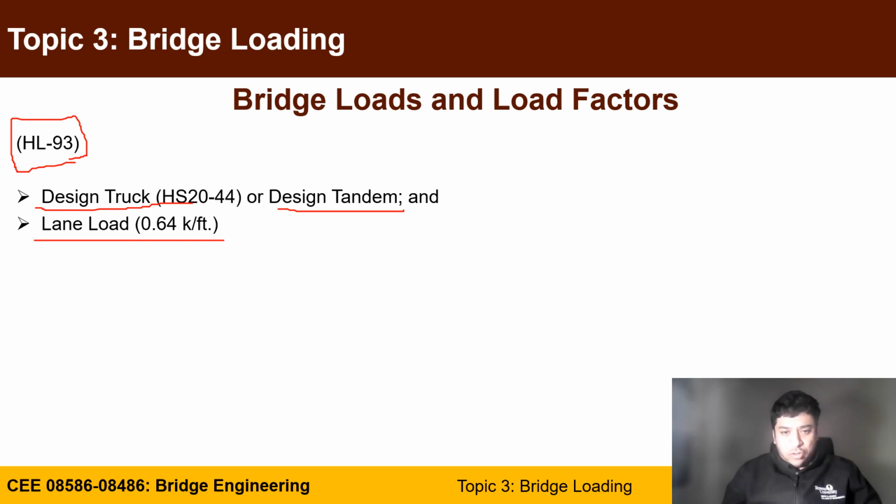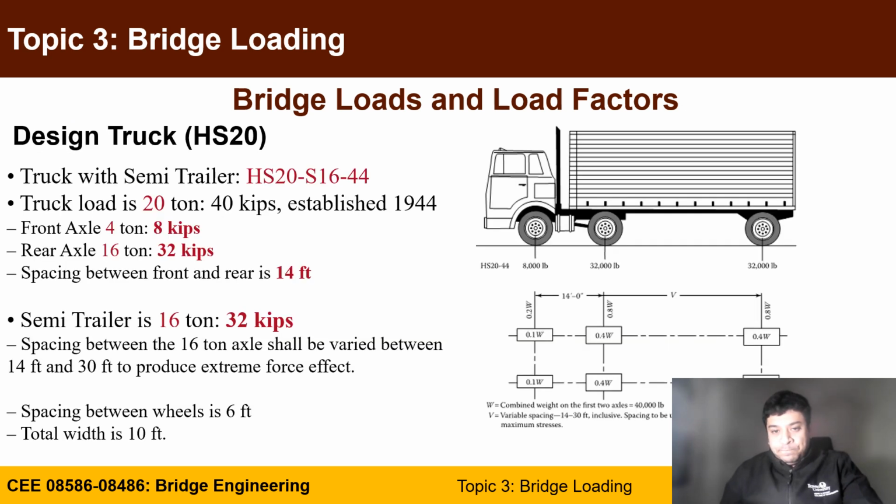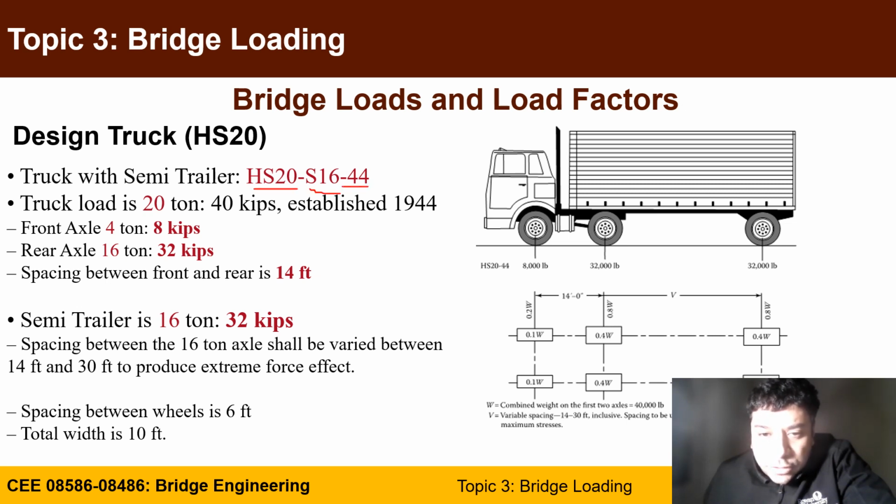What is the design truck? HS20-44. So this is your design truck. Your design truck is a semi-trailer, which is called HS20-44. For abbreviation, we call it HS20. The 20 is related to tons, so it's HS ton.